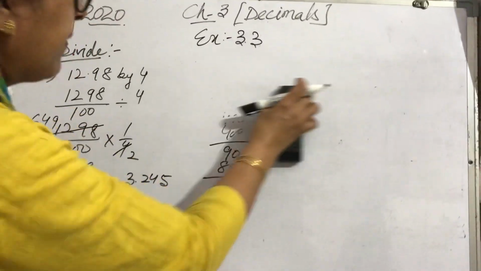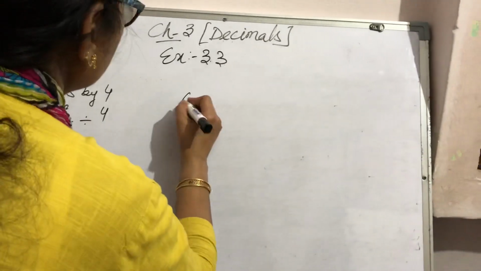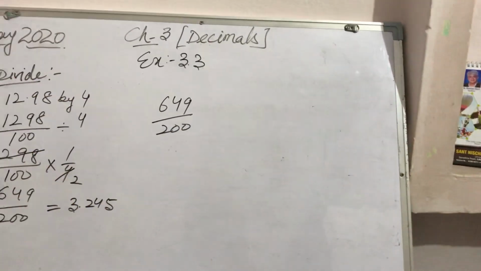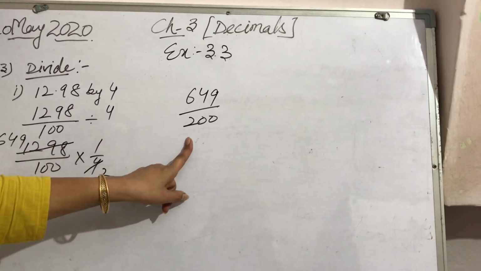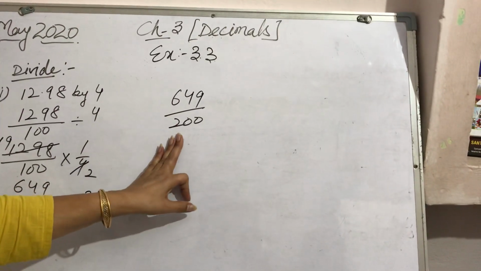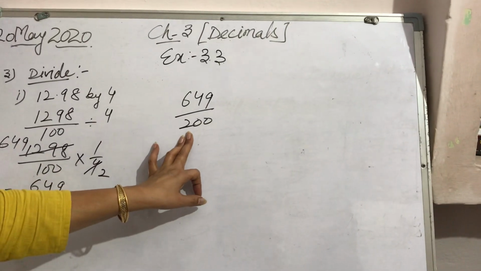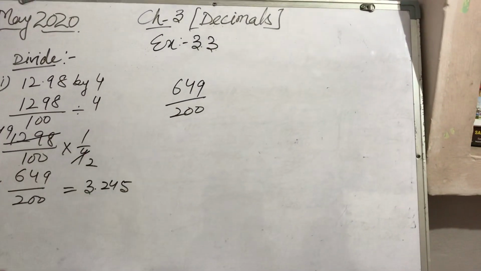One alternate method already I have told you. Suppose we have the number 649 upon 200 and we have to make the denominator 10. We cannot make 10 because it is already more than 10. This is 200, again 100. If we want to make 100, 200 is again more than 100.